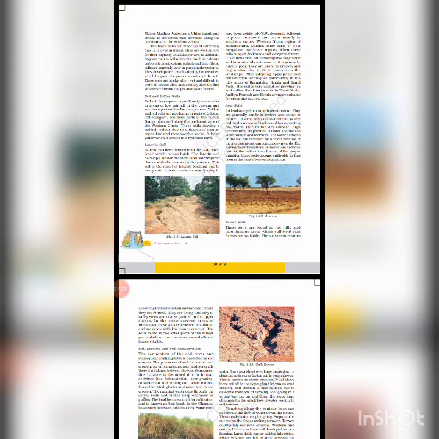Laterite soil. The laterite soil develops under tropical and subtropical climate with alternate wet and dry seasons. This soil is the result of intense leaching due to heavy rain. Laterite soils are acidic because their pH is less than 6 and are generally deficient in plant nutrients.